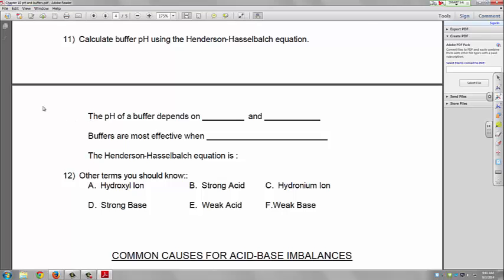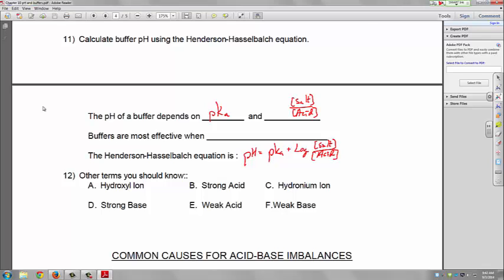It depends upon the pKa of the acid, that's kind of our starting point, and the ratio of the salt concentration over the acid concentration. If you look at the Henderson-Hasselbalch equation down here, the pH equals pKa plus not just this ratio, but the log of this ratio, the salt over the acid.